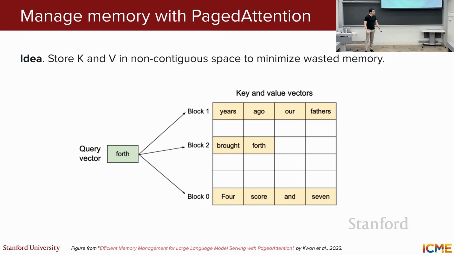I think the paper takes a value of 16 for blocks. So as you can see, let's say you are in your generation process and you have used a given row, you would just start using another row without wasting more space than that. And then you have a dictionary that maps token position indices to their cache values. So there is a smart way of managing it, and they show that it reduces fragmentation by quite a lot.